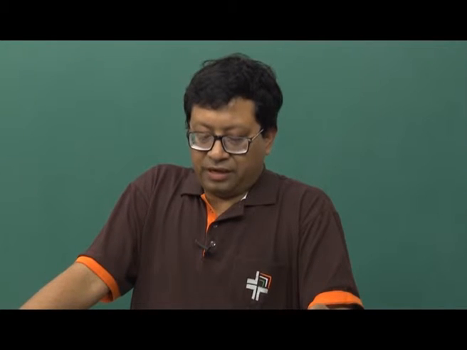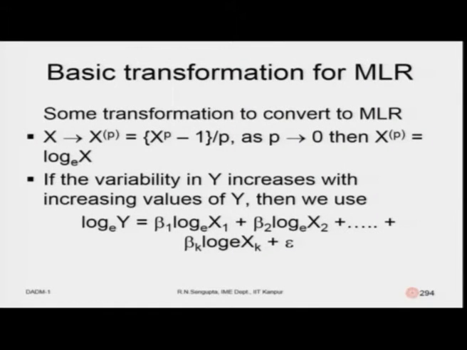Now, if the variability in y increases with an increasing value of y, you want to bring normality into the data set, forcefully bringing normality, in the sense that it is for the calculation part, not done in practicality.